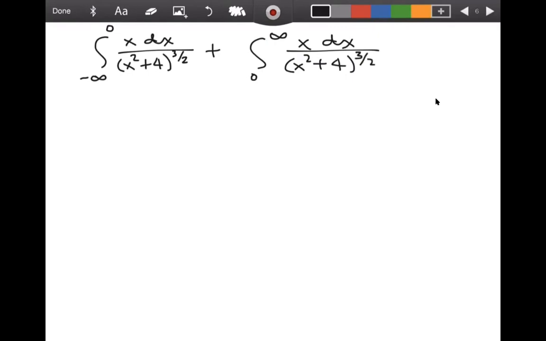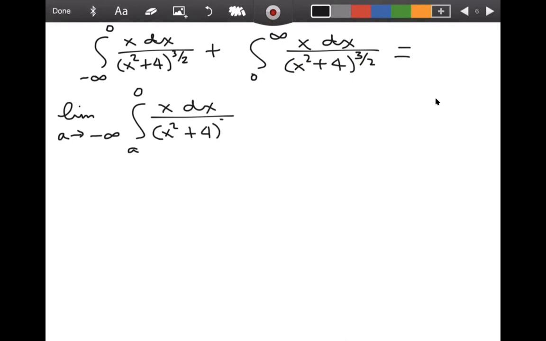All right, so now those have to be written as limits. So we'll make the first one limit as a approaches negative infinity, integral a to 0. And then we'll write the other one as limit as b approaches infinity, integral 0 to b.